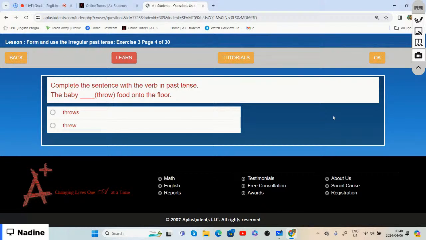Do we say the baby throw or the baby threw food onto the floor?